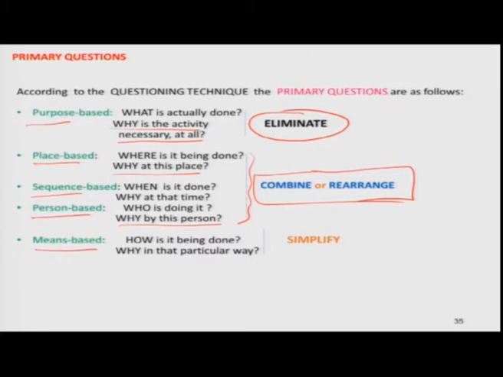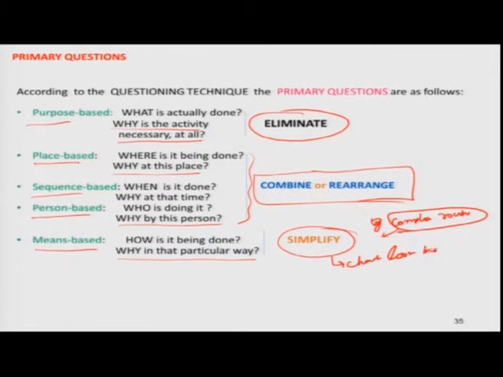Okay. Means based: how is it being done, why in that particular way? Suppose you have made a good chart in a right manner, but you went through a complex route. If this route can be simplified further, the chart looks better and is understandable.